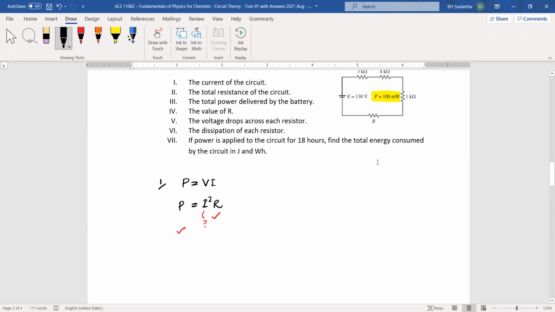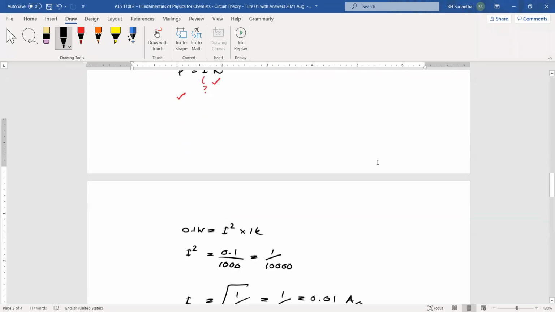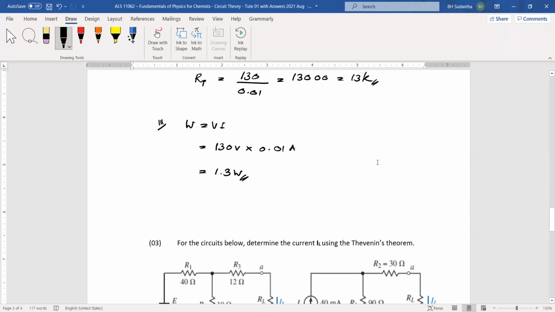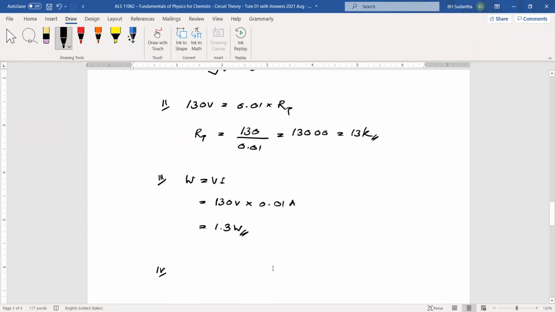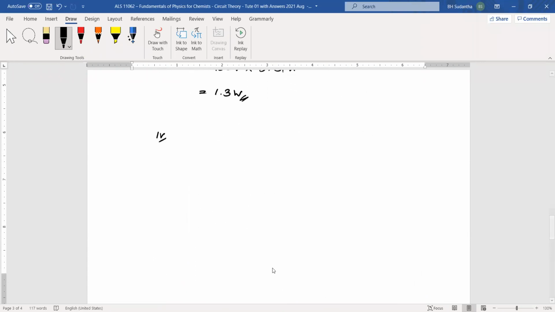Okay, fourth one, the value of R. Now we know the total resistance. Total resistance is 13K.